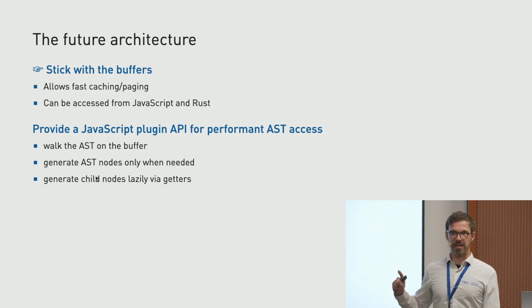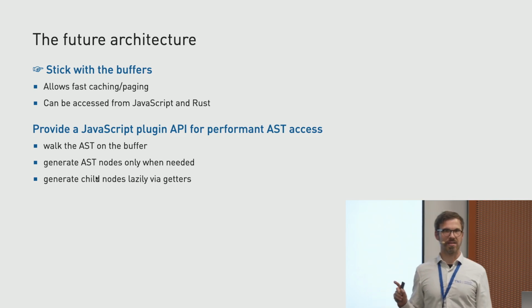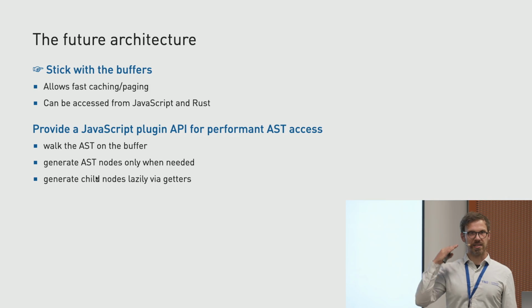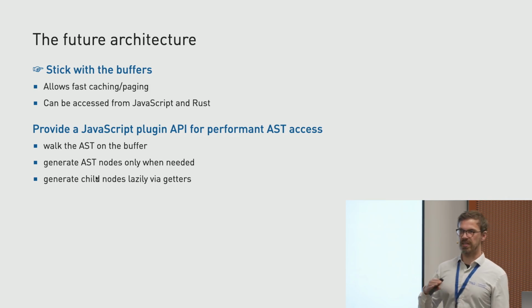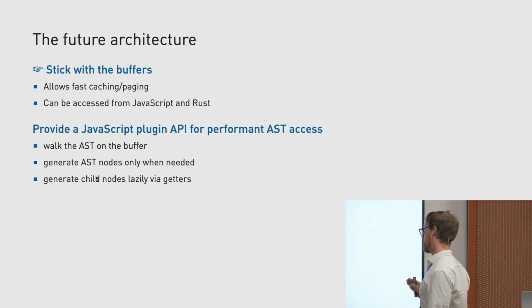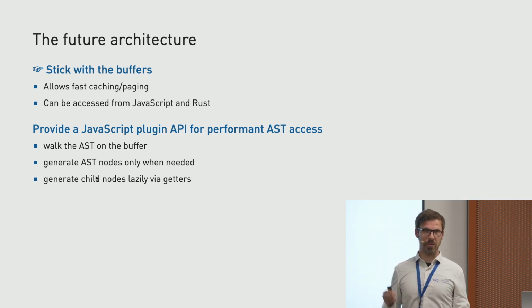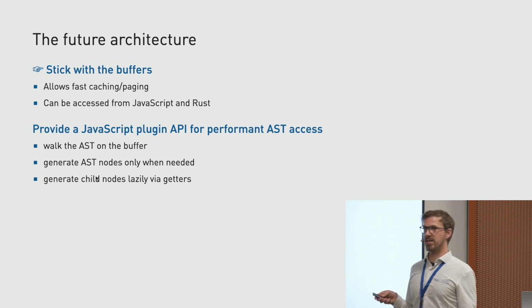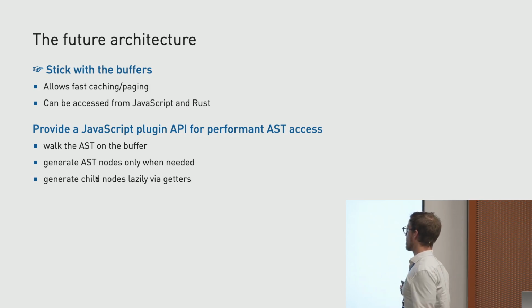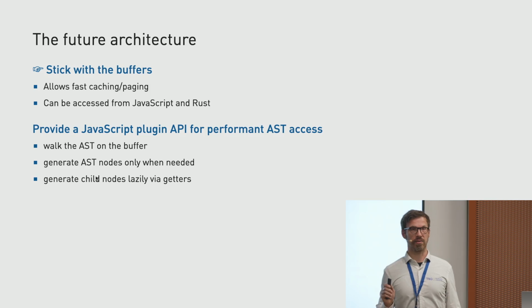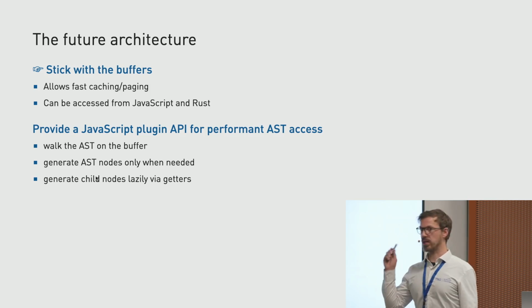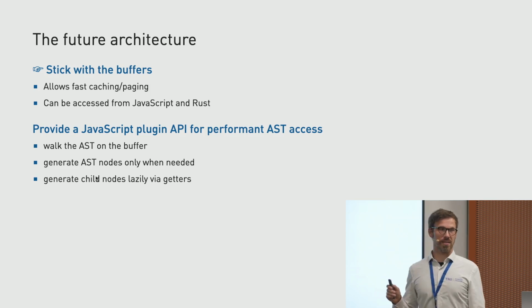This is already implemented, not released, but implemented, so that it really does the absolute minimum to give the plugin what it needs. My hope is that this will be a lot faster, but let's see. Maybe I will report at some point that it's amazing, especially for the CommonJS plugin that really heavily relies on this. I hate the CommonJS plugin, but it's a necessity, unfortunately.